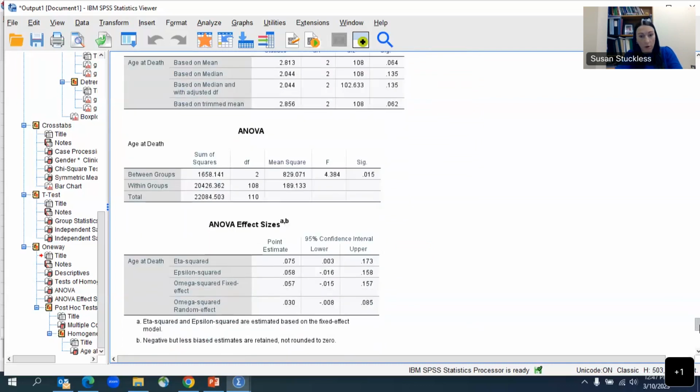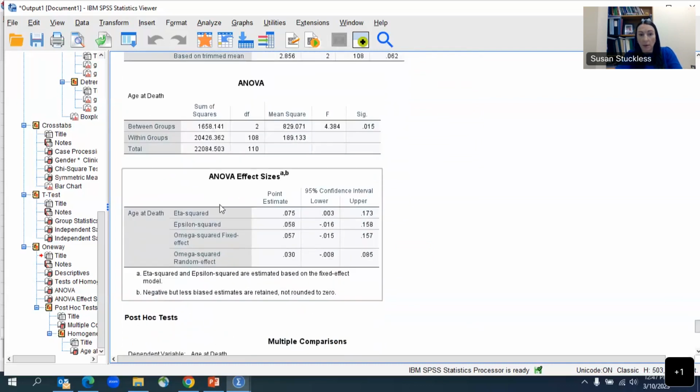But how strong is that difference? That's where the effect size and eta squared comes in. For this one, 0.01 is a small effect, 0.06 is a medium effect, and 0.14 is a large. So we're just above a medium strength for the difference.